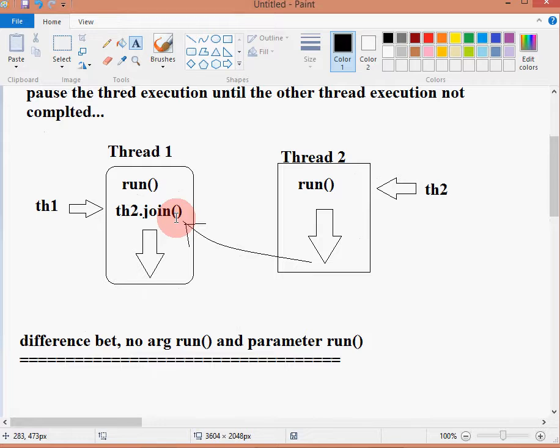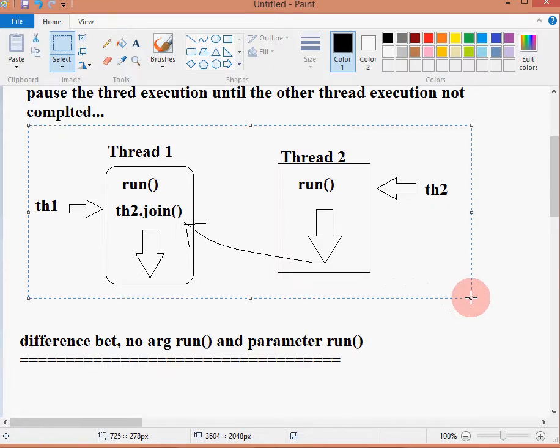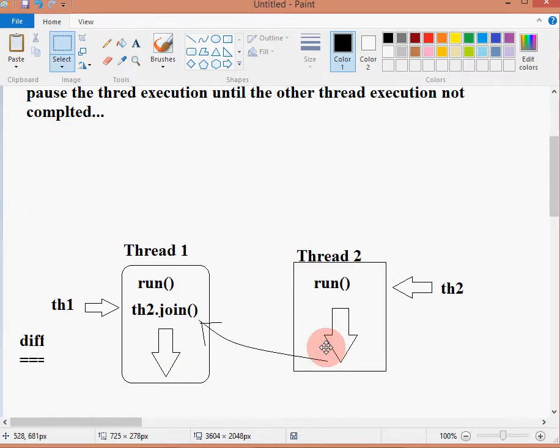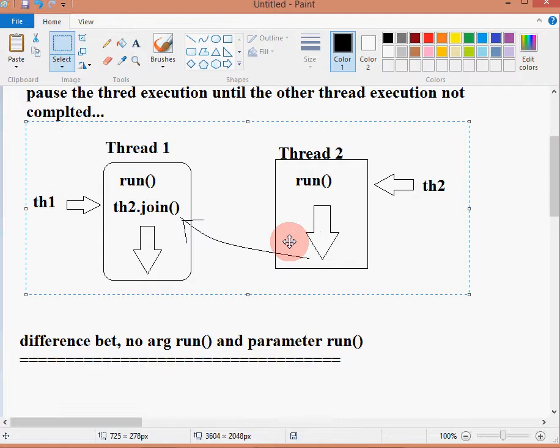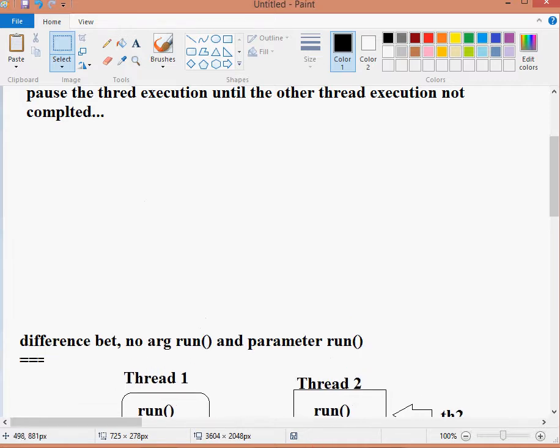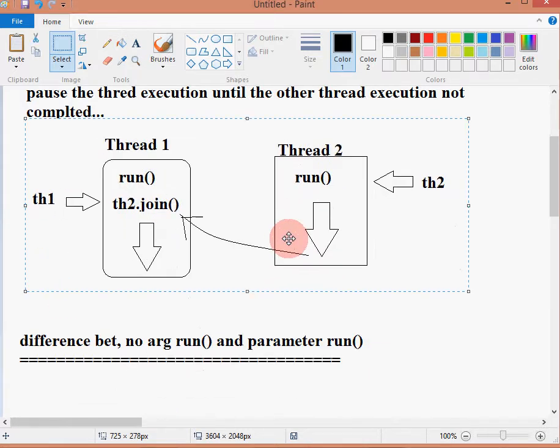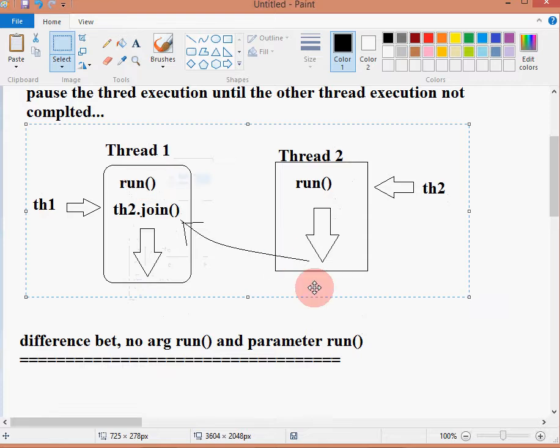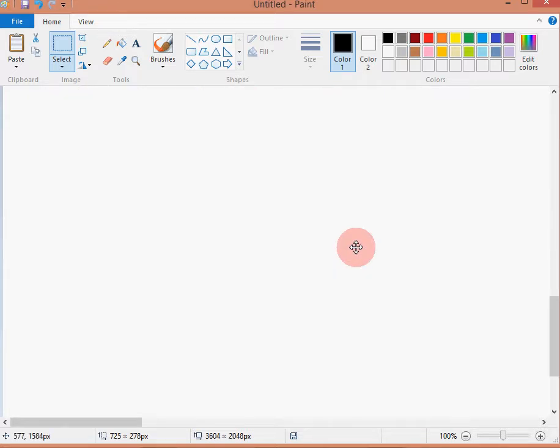I'll take the same example. No, it is not happening here.